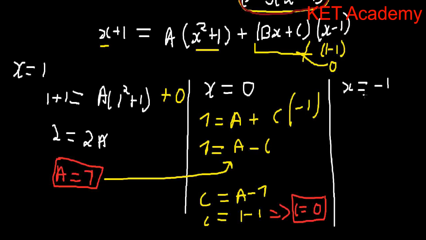So if we let x be equal to minus 1, we substitute it in our initial equation. We're simply going to get minus 1 here, minus 1 here, plus 1 is going to give us 0, to be equal to, if we put minus 1 squared, is going to give us 1, plus 1 is going to give us 2.